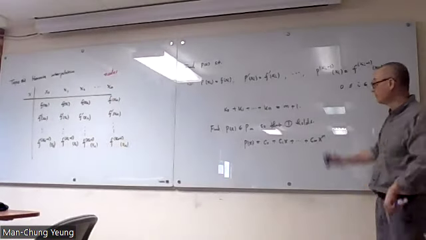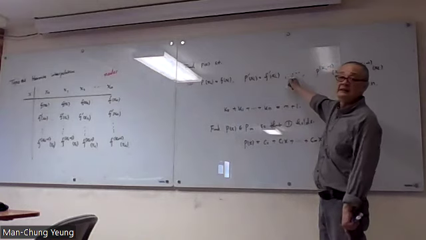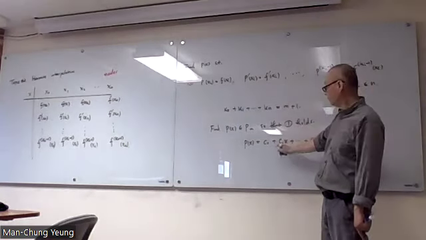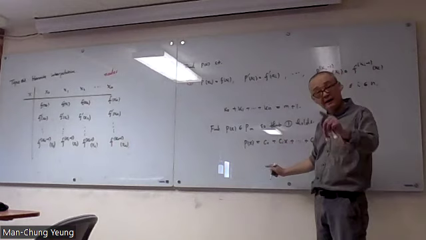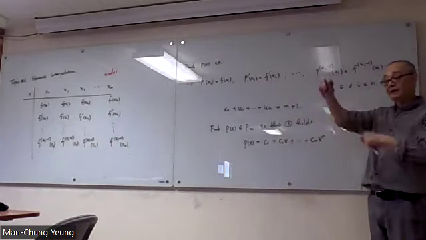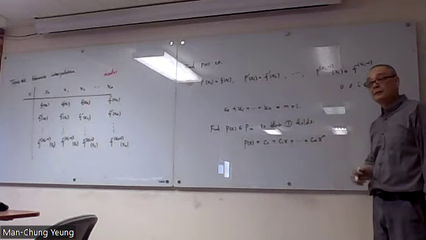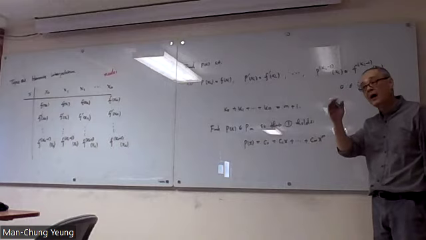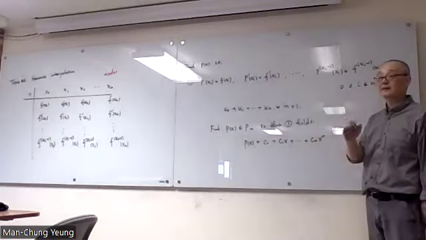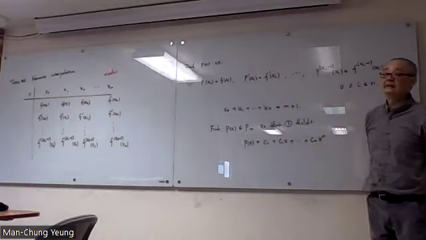I set m plus 1 equal to the total number of conditions. So this polynomial exists and is unique, because when we solve a linear system, that system has m plus 1 unknowns and m plus 1 equations.